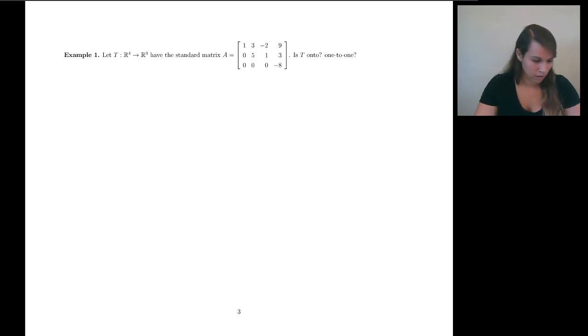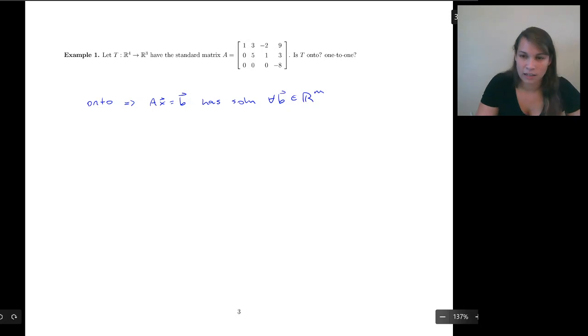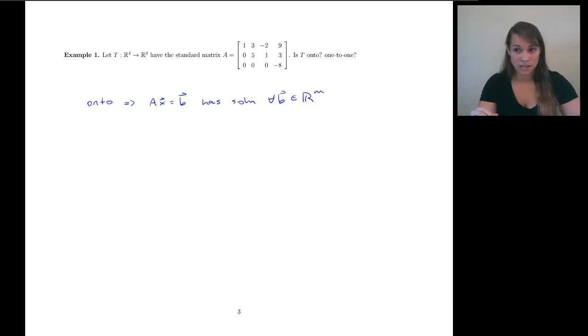Onto means Ax equals b has solutions for all b. And then we had a theorem that gave us the conditions for this to be true. If you don't remember, it's in section 1.4, the equivalent statements of A. If you don't remember it, please pause, flip back, look at it, and then come up with an answer for what conditions we need for onto.